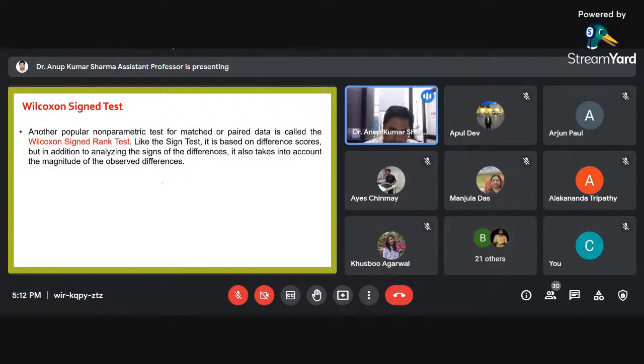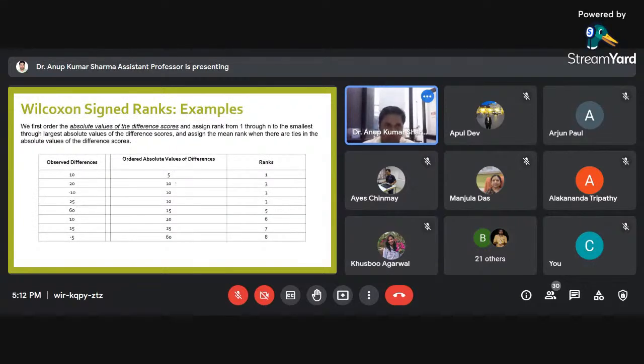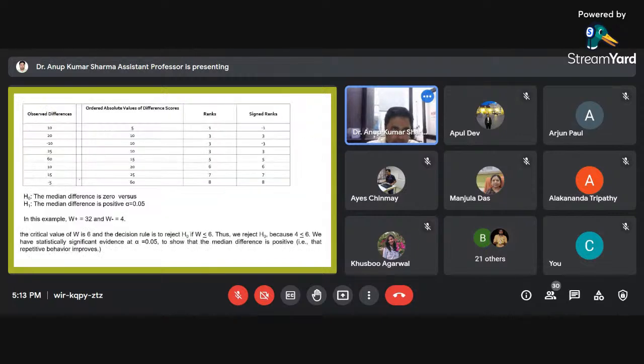It is the same, but here we take the magnitude of the plus and minus signs so that they contribute properly to checking whether the difference is significant. We take the same data, 10 minus 10, and get the differences.